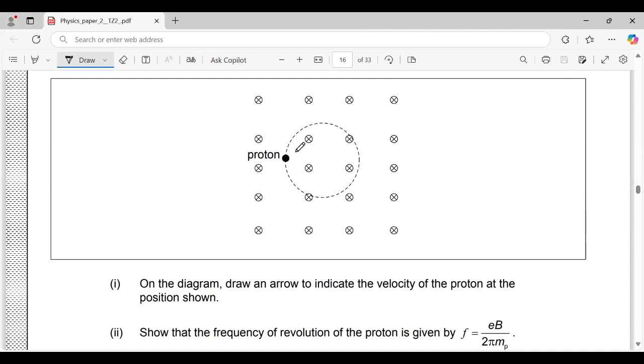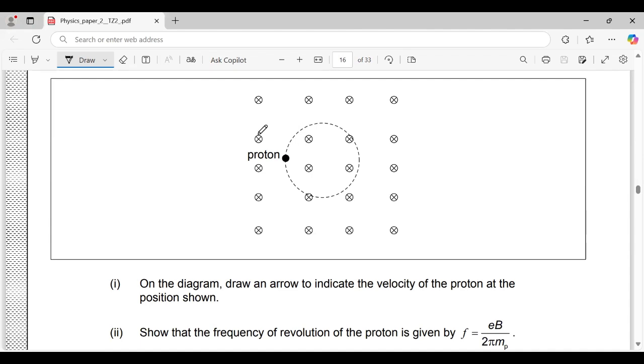The magnetic force on the proton is always perpendicular to the velocity of this proton, and the velocity is tangential to the circle at every point.